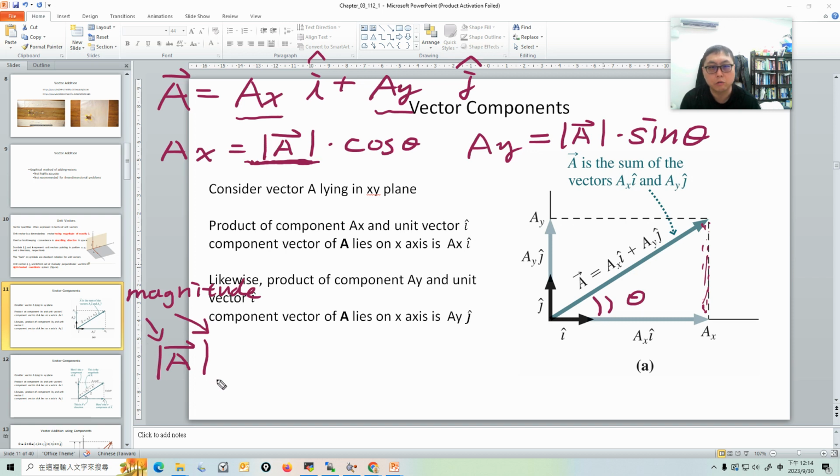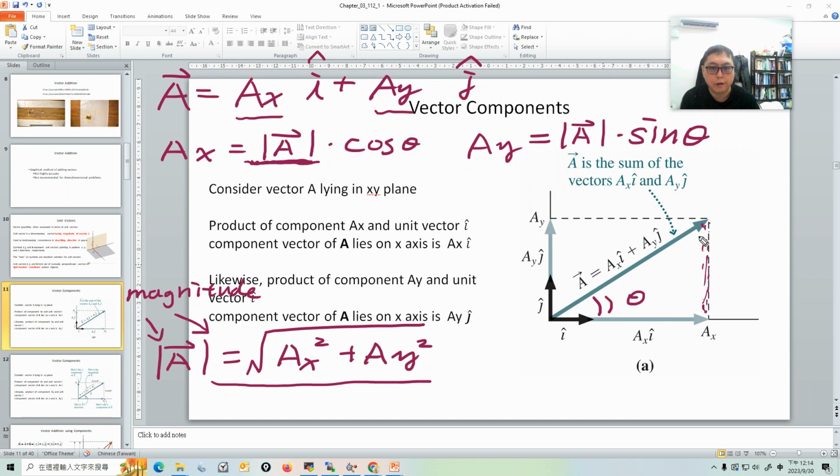It's the same as the absolute value symbol, two vertical bars. Two vertical bars sometimes mean absolute value, and we use the same symbol to represent the magnitude of a vector. The magnitude of a vector is just the sum of the squares of the components, then take the square root.